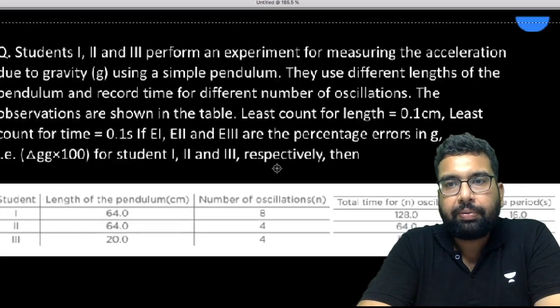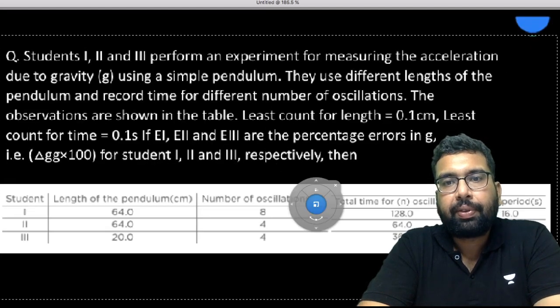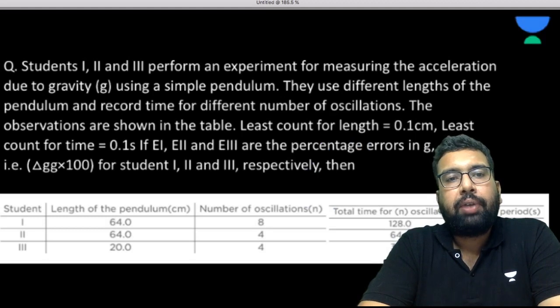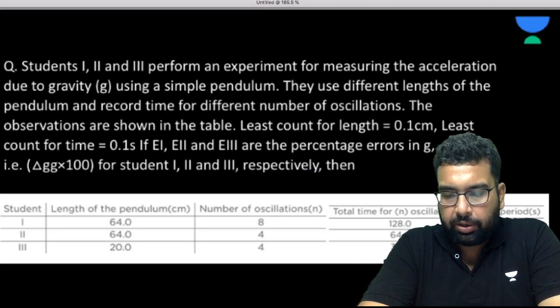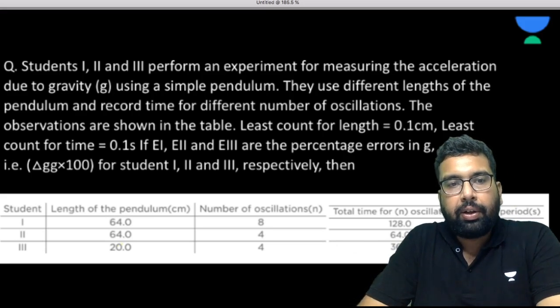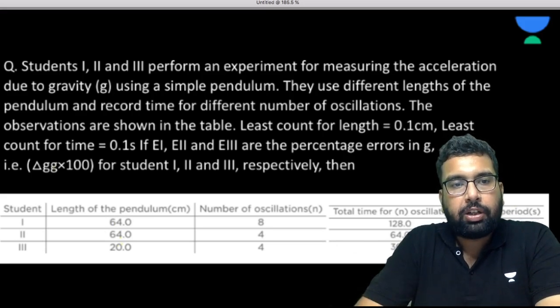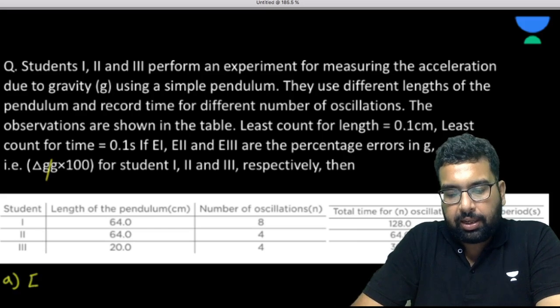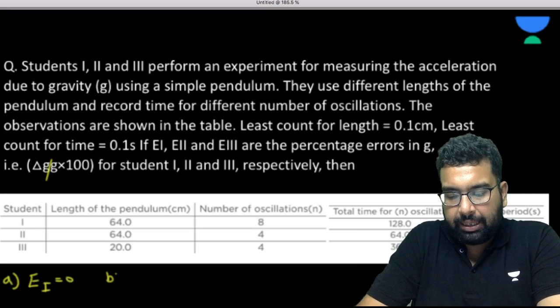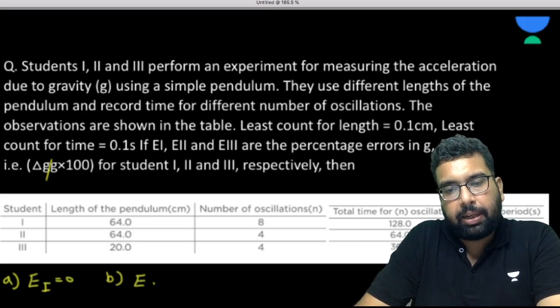This is the question. We have delta G by G for students, and then I'll give you some options. Option A is E1 is 0. Option B says E1 is minimum.